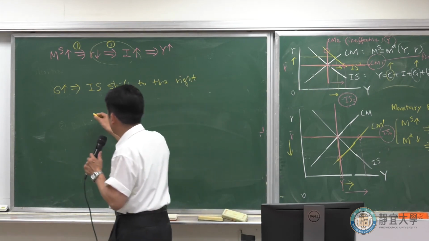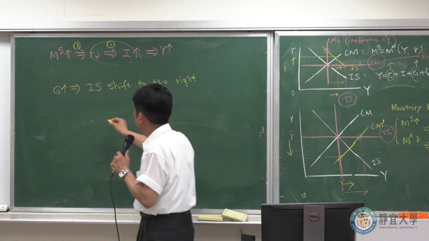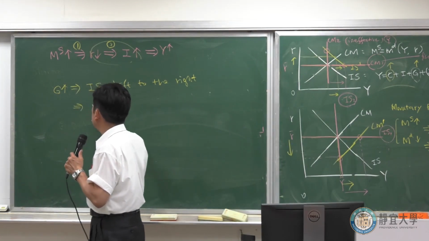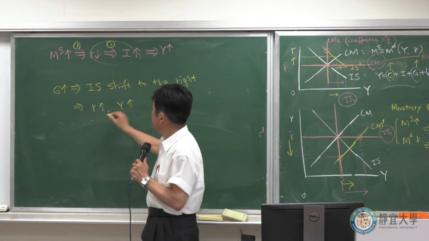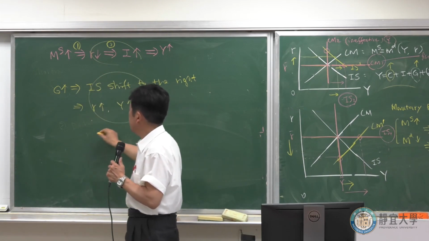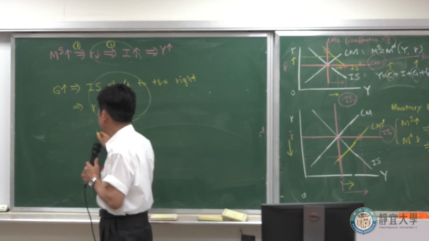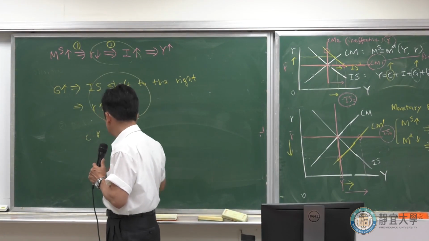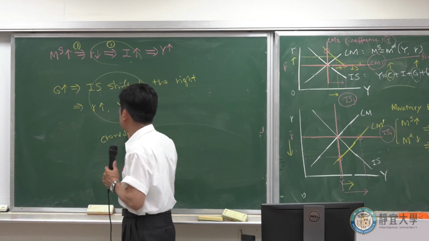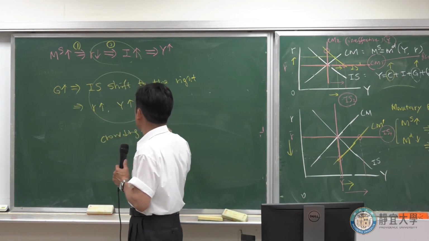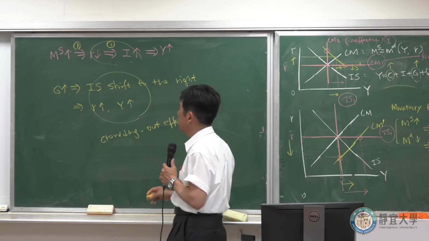So in general, you can see the interest rate R increase and Y increase. But if we have some special situation, maybe we have this crowding out effect. What is the crowding out effect?